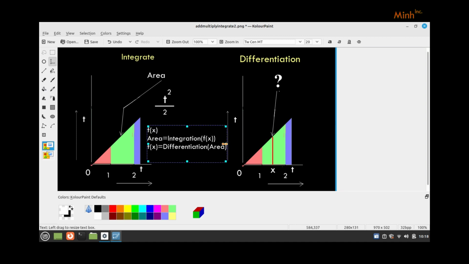So if we want to get back the f(x), then we have to do the differentiation of the area.